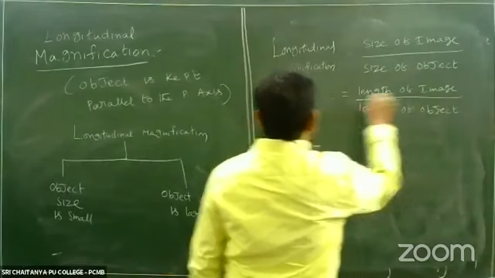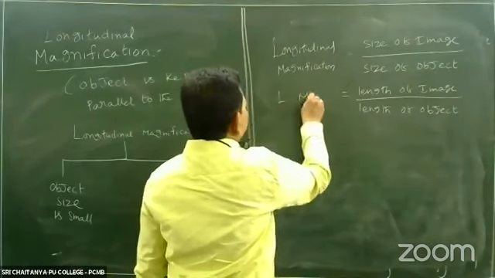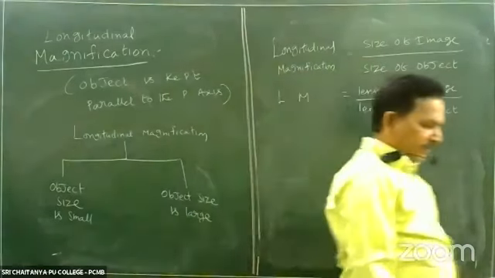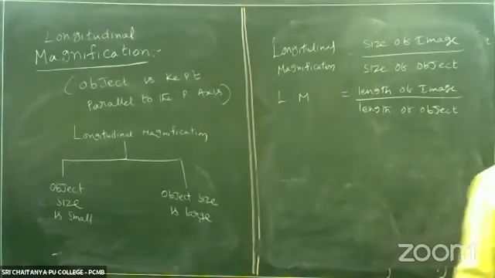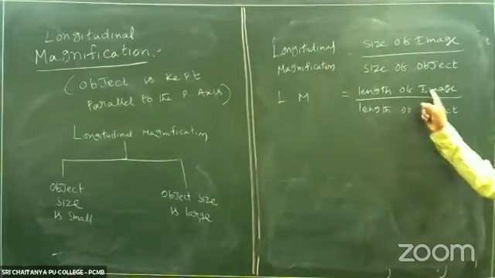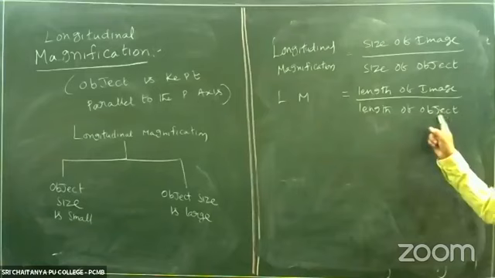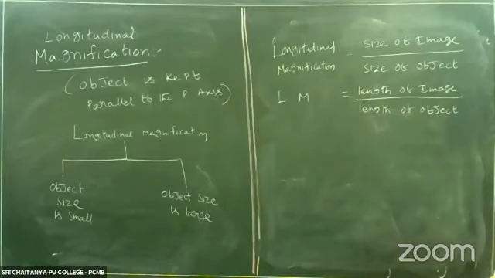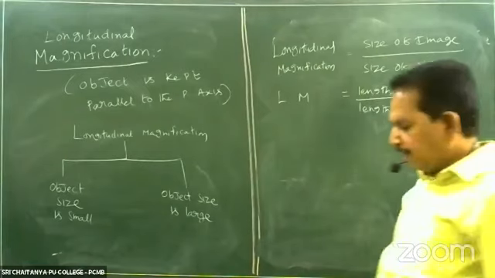Previously we wrote height of the image by height of the object. That is the transverse magnification. Length of the image by length of the object is the longitudinal magnification. It is also of two cases.